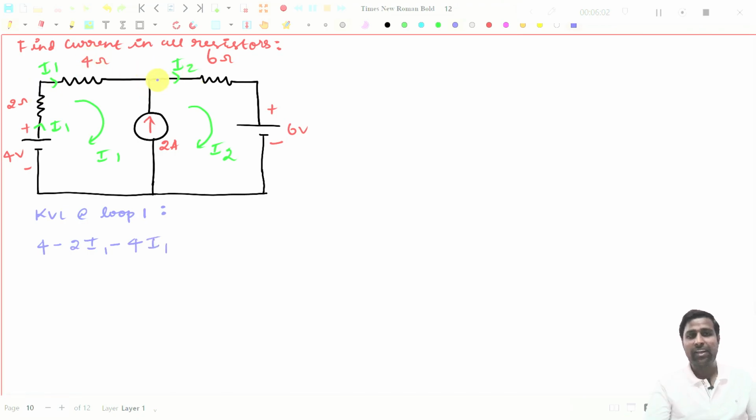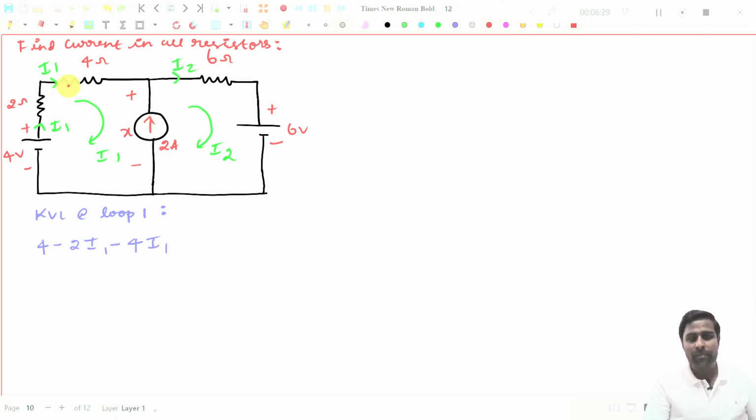Then you see, if I come to this point, I am going to do one thing: I am assuming this is plus, this is minus x. What is this x now? X is nothing but the voltage between these 2 points. I don't know what the voltage is, so I am just putting it as x. Just assume x.